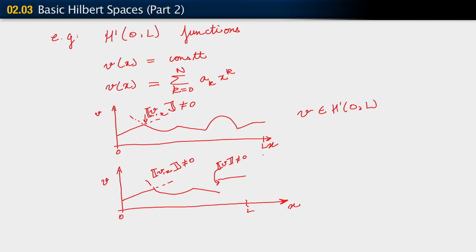And therefore, what happens when we consider v comma x? V comma x, we know, goes as a delta function. So if we call this point x naught, v comma x is like a delta of x minus x naught.